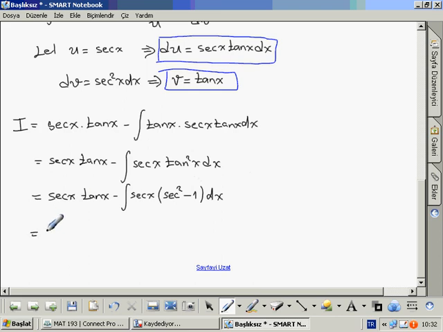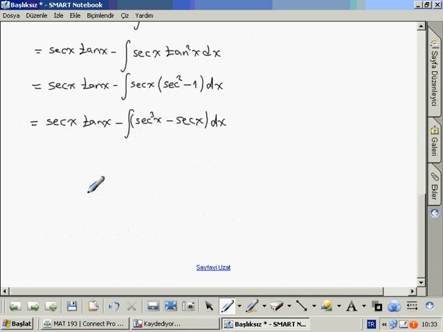After that, secant x tan x minus integral secant cube x minus secant x del x, which is secant x times tangent x minus integral secant cube x del x plus integral secant x del x.